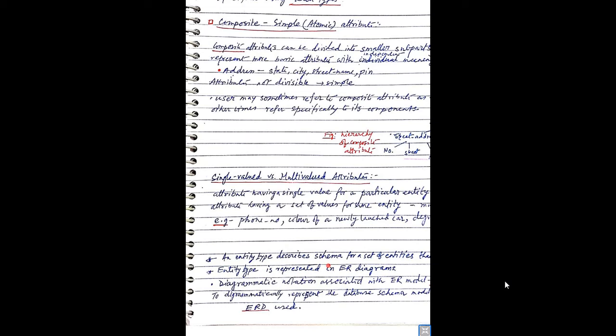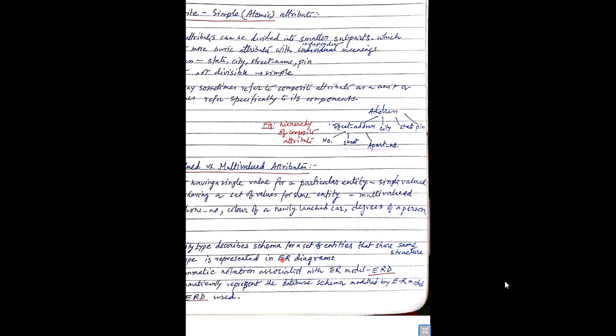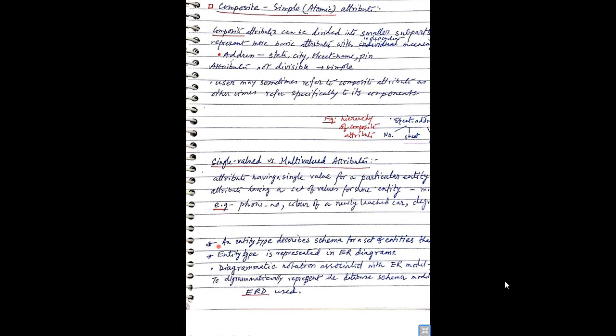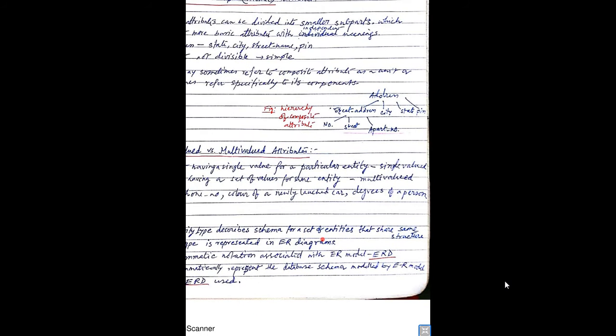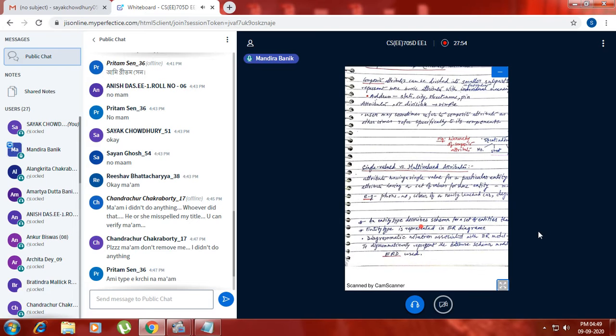An entity type describes the schema for a set of entities that share the same structure.